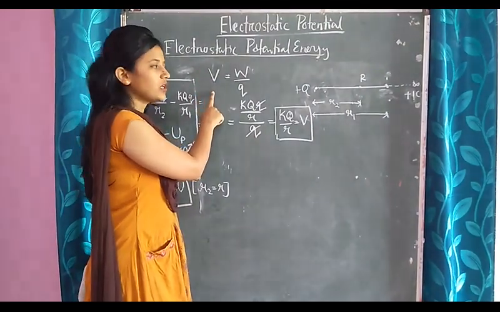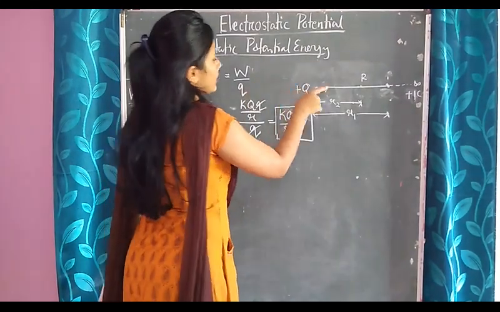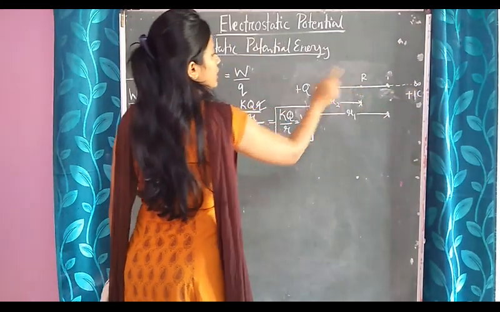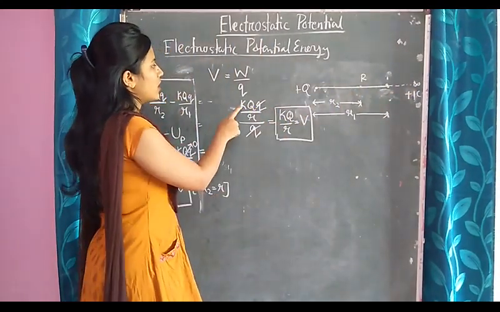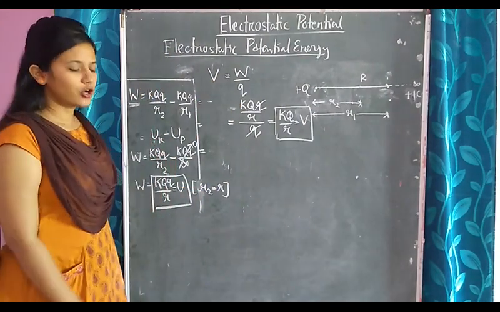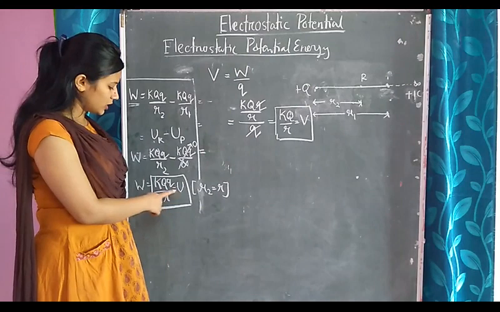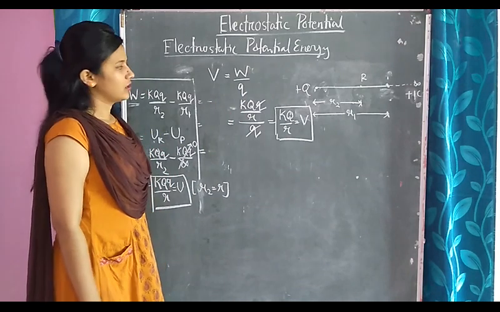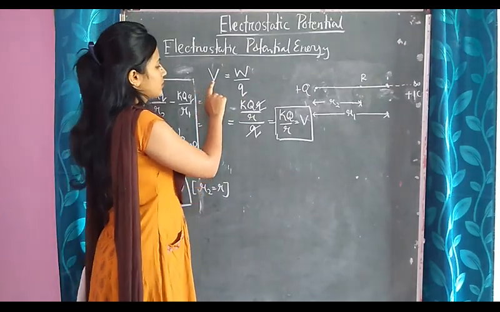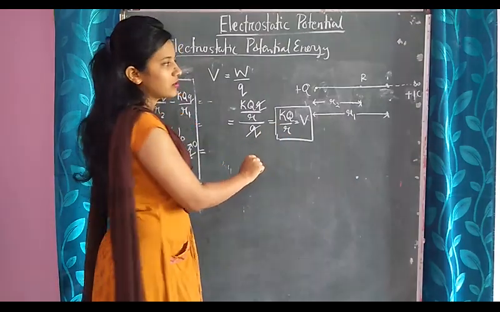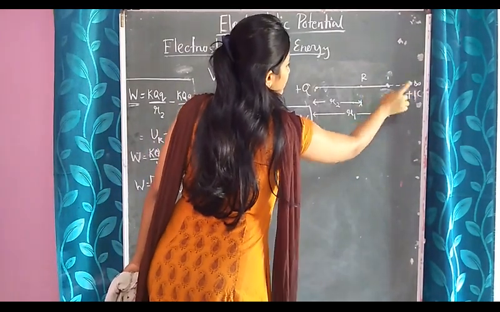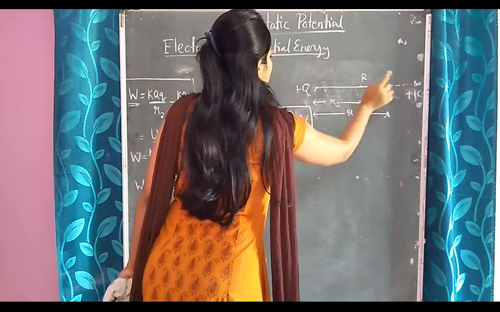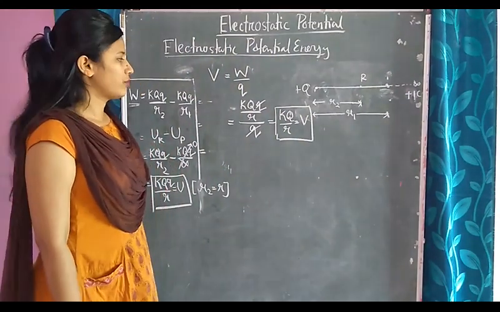So what is electric potential? In order to bring a unit charge from infinity to that point, the work done is equal to electrostatic potential. Here we got it for a charged particle, here we are getting it for a unit test charge. So electrostatic potential is the work done in bringing a unit positive charge from infinity to that point.